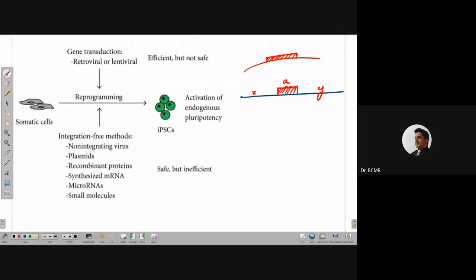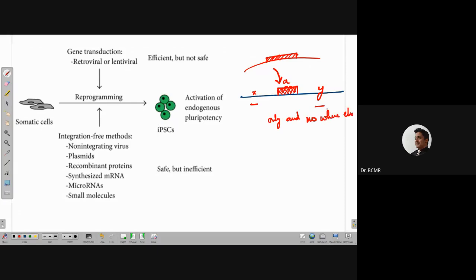When you're defining what you want in a transgenic animal, I would have to say a statement like this: I want gene A to be incorporated between X and Y only, and nowhere else.